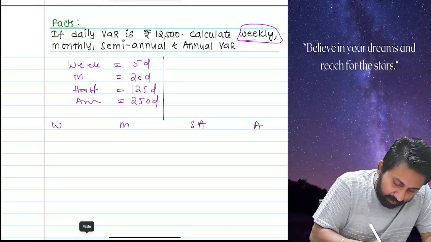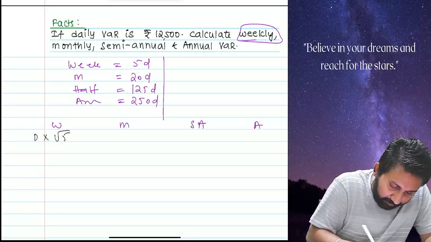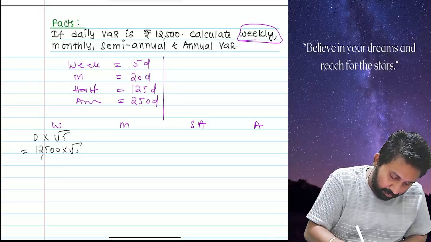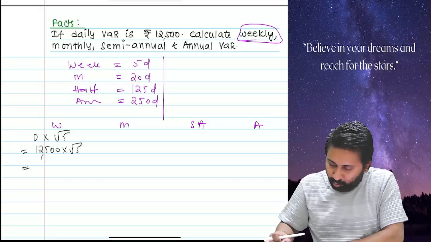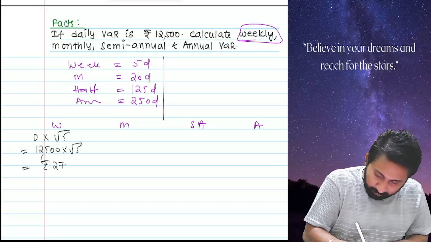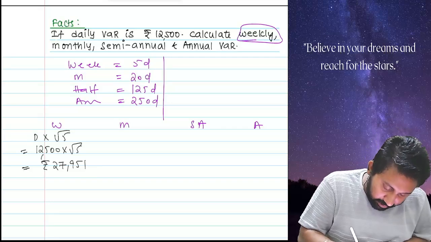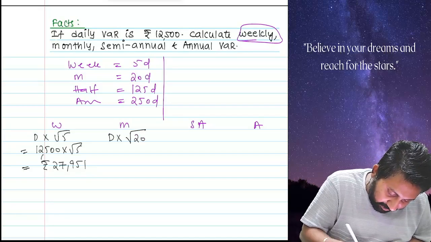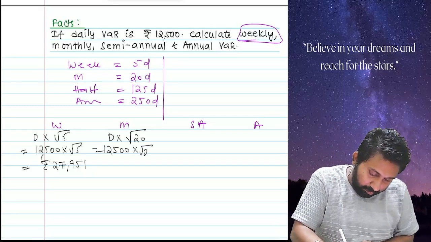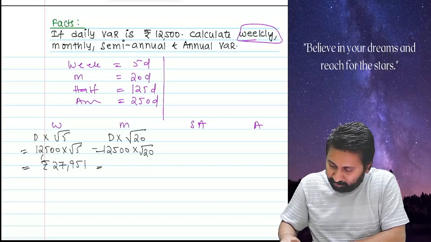Weekly VAR. Okay. Daily VAR into root of 5. Root of 5 into 12,500 is 27,951. Monthly. Daily VAR into root of 20. Calculate. Root of 20 into 12,500.